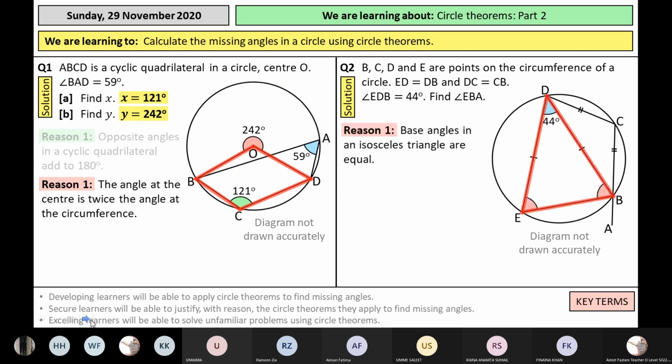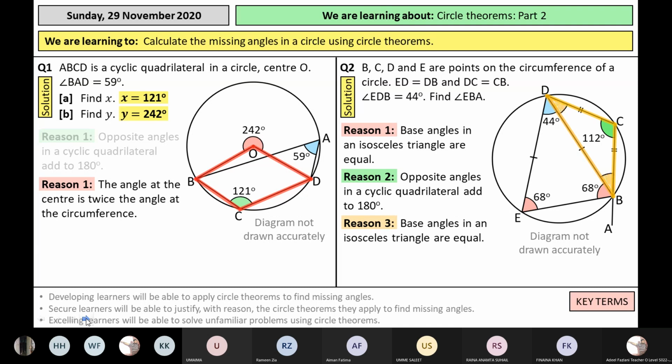All right, let me reveal the answer now. The answer for this question is 78. Whose answer is 78? Mine, sir. Excellent.